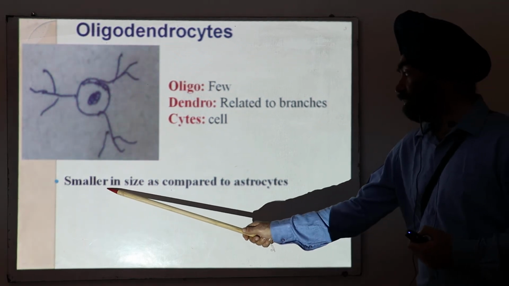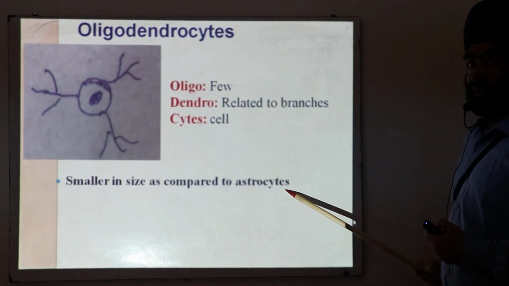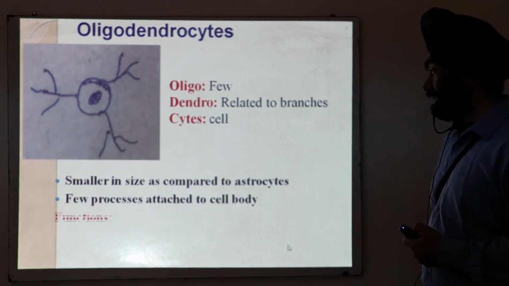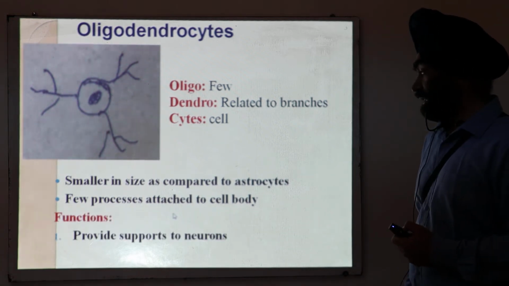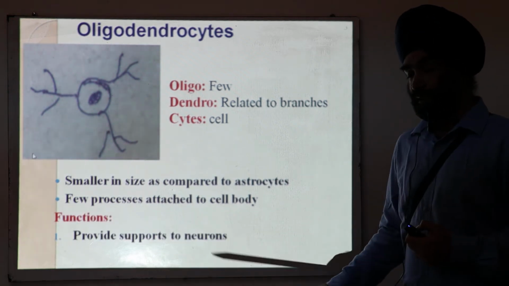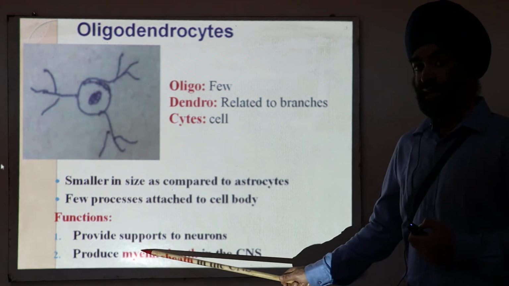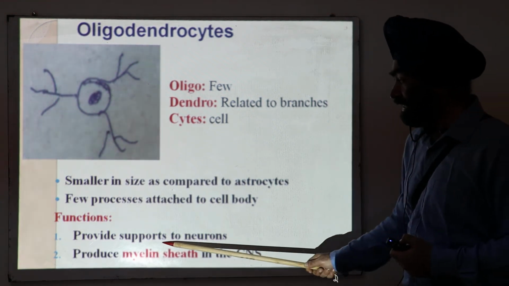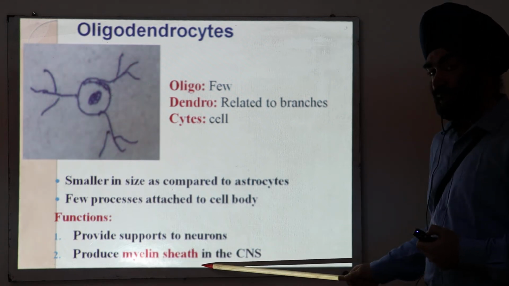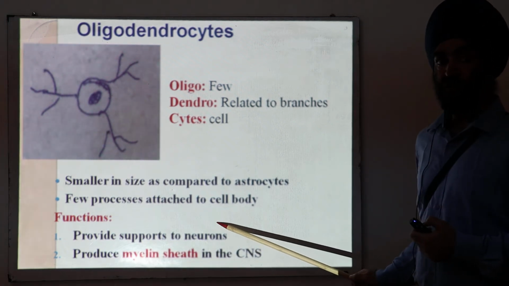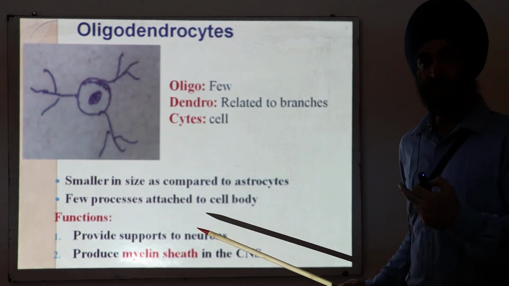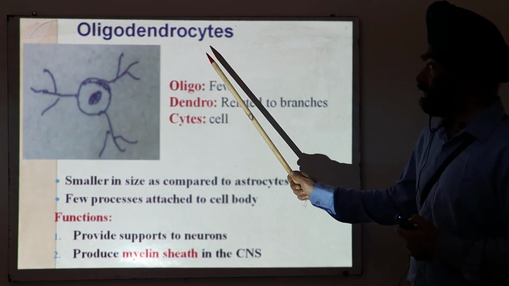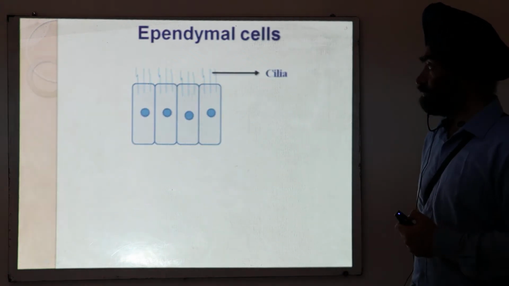Second, they are smaller in size as compared to astrocytes. Functions: they provide support to the neurons and they help in the formation of myelin sheath in the CNS. I will discuss this later also, but remember, the formation of myelin sheath around the axons within the CNS, in the brain, is done by the oligodendrocytes.